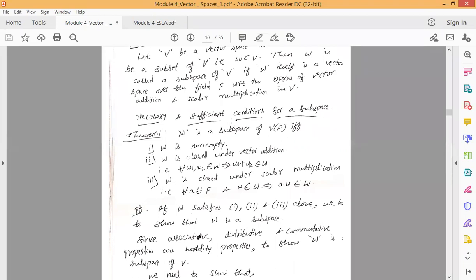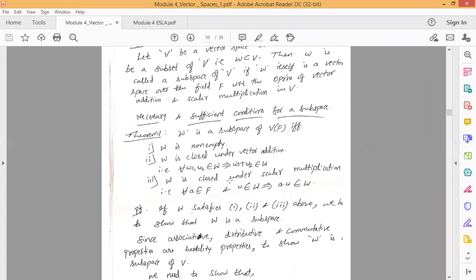The set must be a non-empty set, it should be closed under vector addition, and W should also be closed under scalar multiplication.